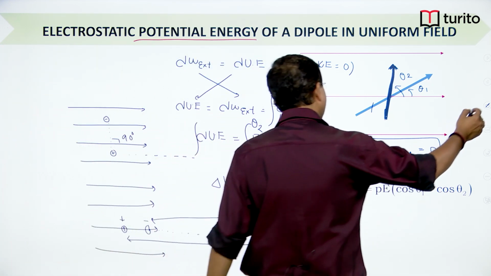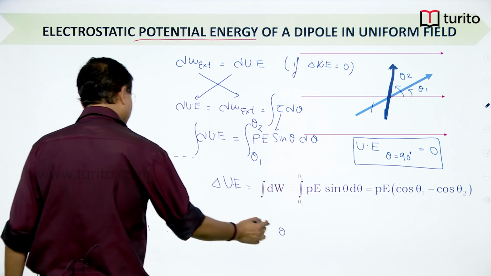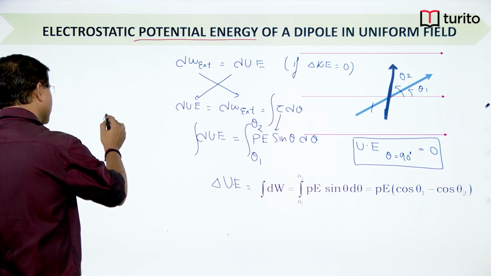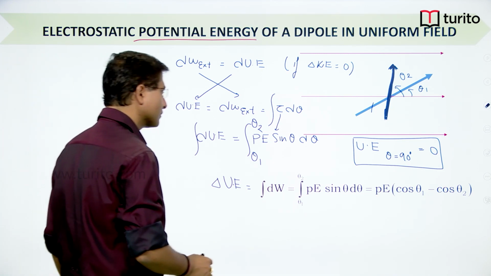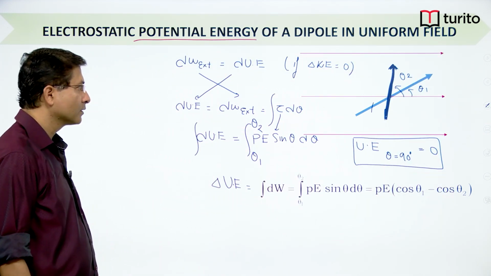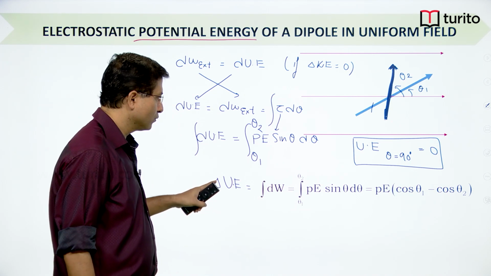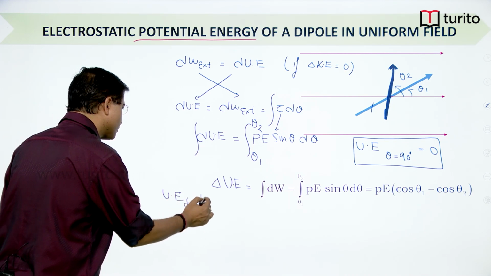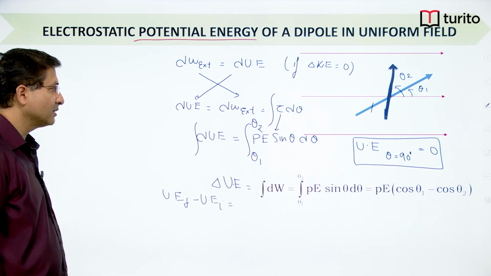Now see, if I put this reference in the expression I just got, so say for 90 degree, look at this expression first, potential energy final minus potential energy initial is equal to, this is change in potential energy, finally it is at theta 2, right.